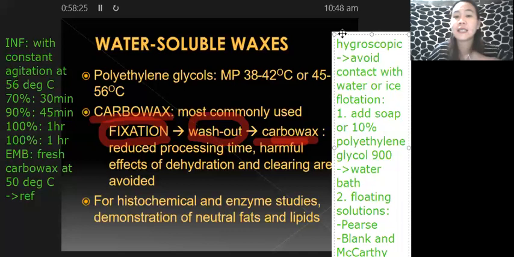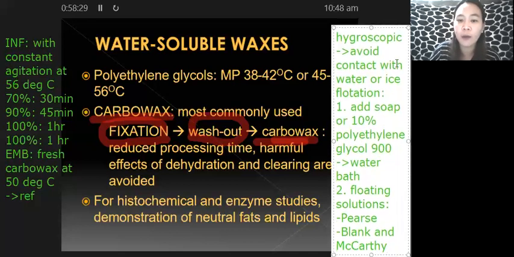That is just one solution, so do not separate Blanc and McCarthy, because they refer to one solution only. Those are the remedies in order for us to float your Carbowax sections.